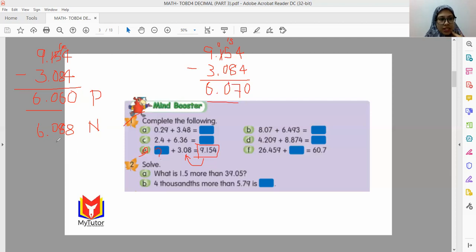So this part is Nadra's. How come you get 6.088 here? Nadra, were you following? So this is the answer. Are you okay? Do you know how to get the answer, how we got to this point?